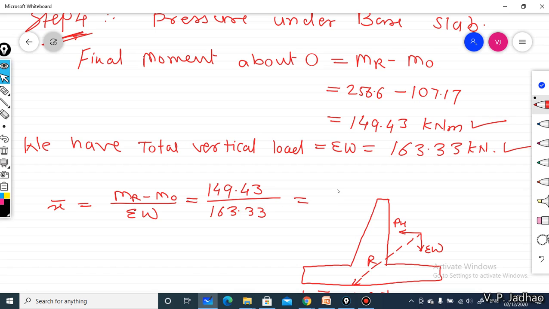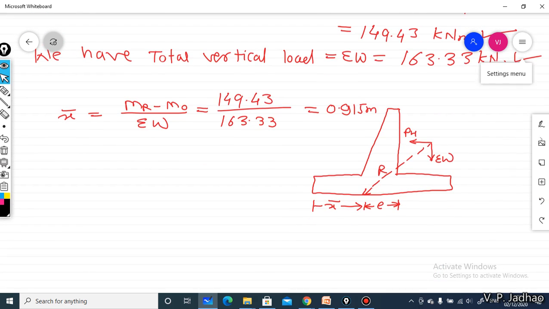So this x bar comes out to be 0.915 meter.